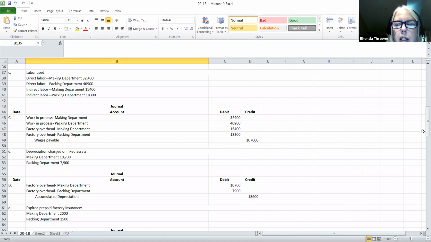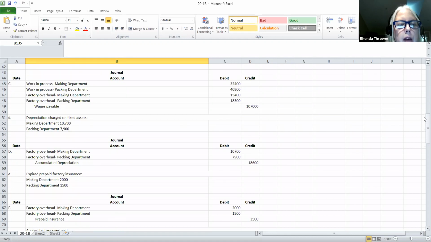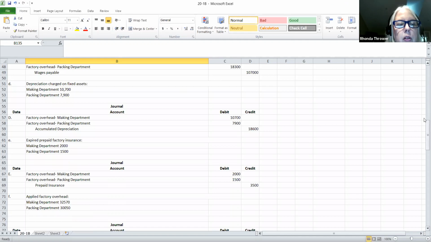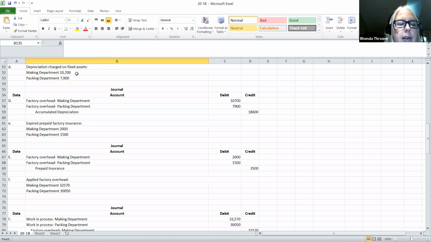In D, we have a transaction where we are depreciating our fixed assets. And these fixed assets are going to be in the making department and the packing department. These are our factory assets that we're talking about here.